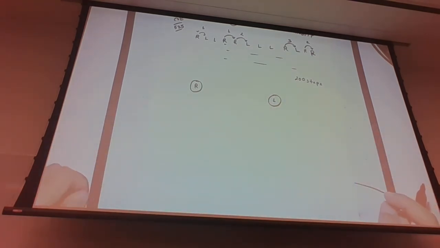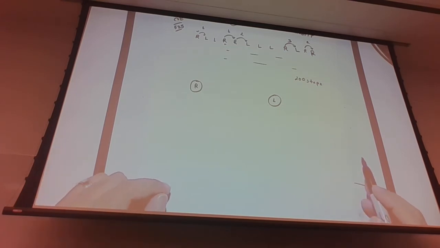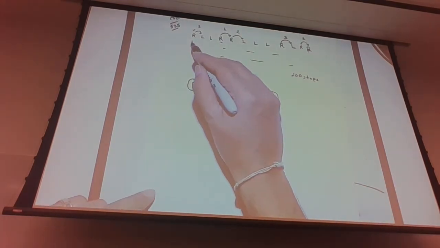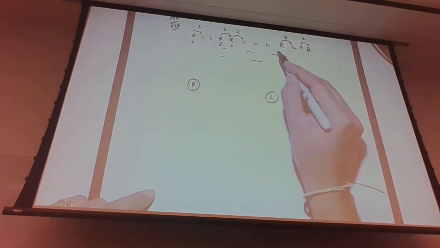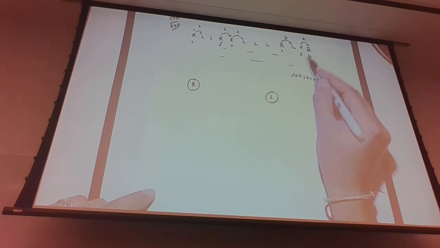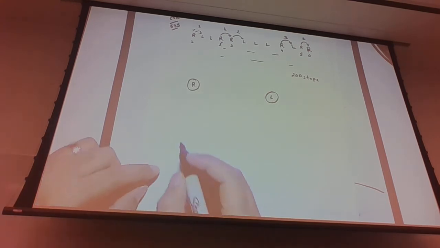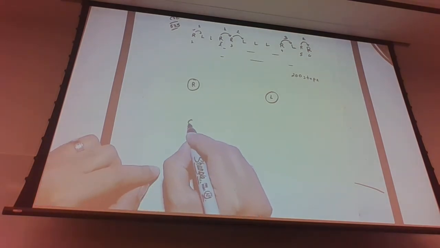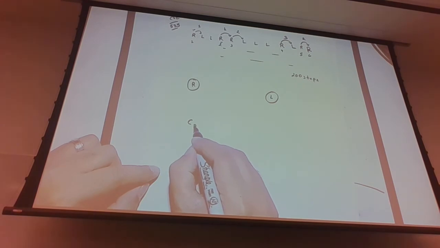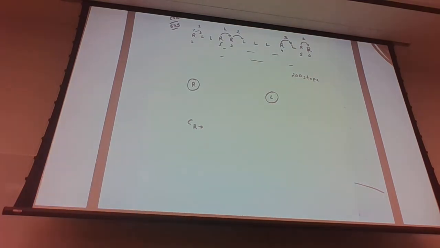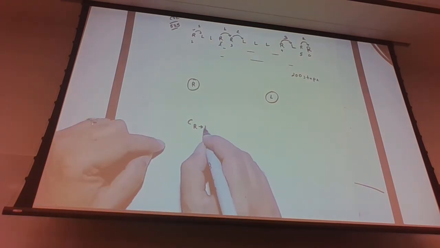You keep on counting, and then you count the total number of cases where the person took the right step. There's 1, 2, 3, 4, 5, 6. There are 6 cases where the person had taken the right step. So what you do is you say CRL are the cases where the current step was right, and then he took left.